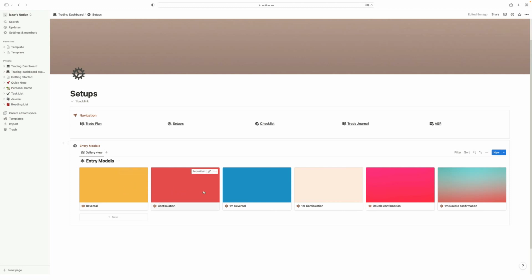This is basically going to help you understand what you're trading and how the pattern looks, etc. So just click on it and make your own template. It's just cool to have it here, a quick reminder of the entry model that you're using.